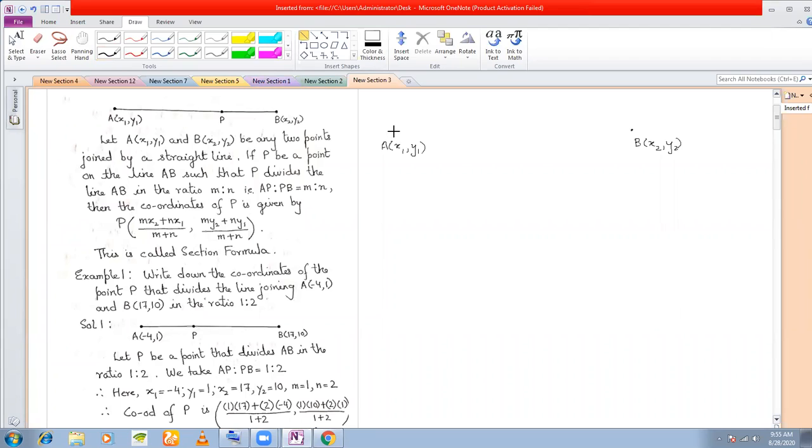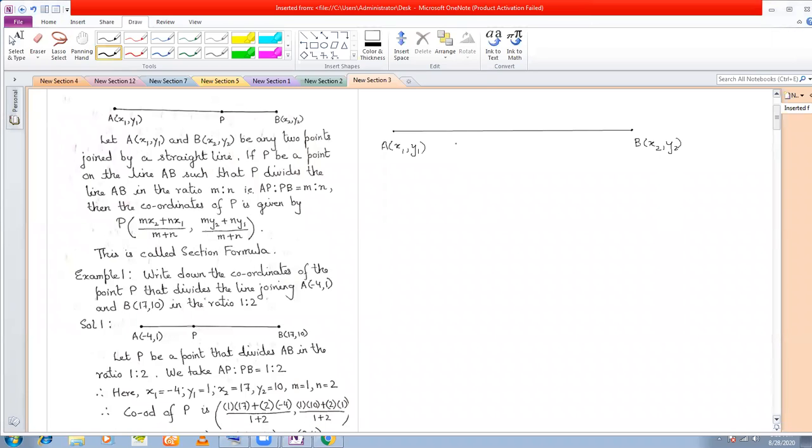Now what you do is you can join them with the help of a straight line. When you join them with a straight line, on this straight line you want to find out a point, say P.